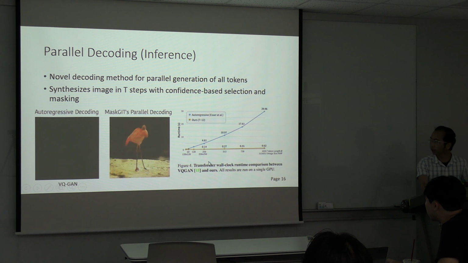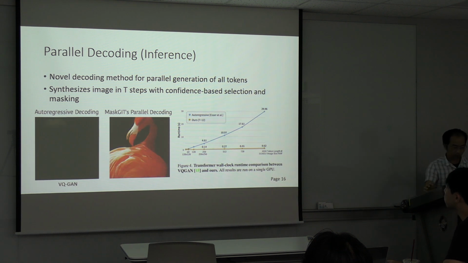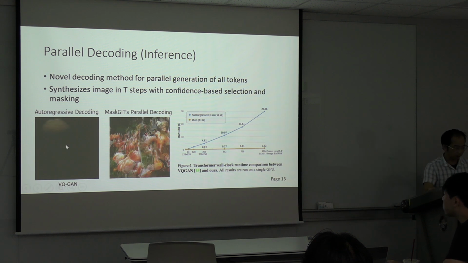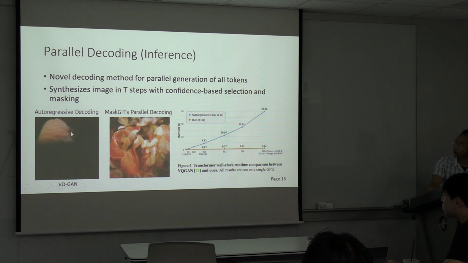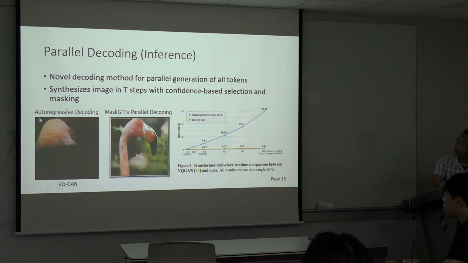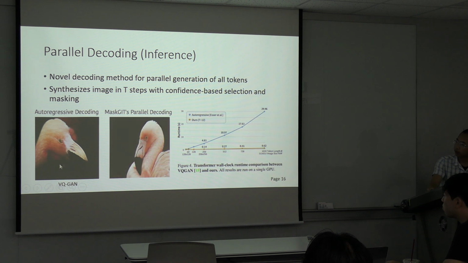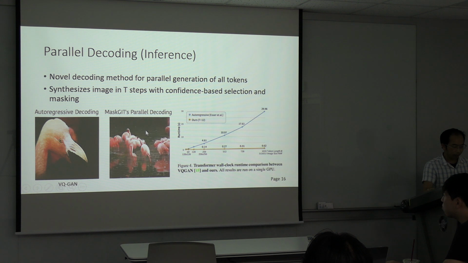To compare, we can see the speed of the inference. The left hand side is the auto-regressive decoding of the BigGAN model. It predicts one by one, row by row, in an auto-regressive manner. So it took many times. And on the right hand side, our model can predict many positions together.